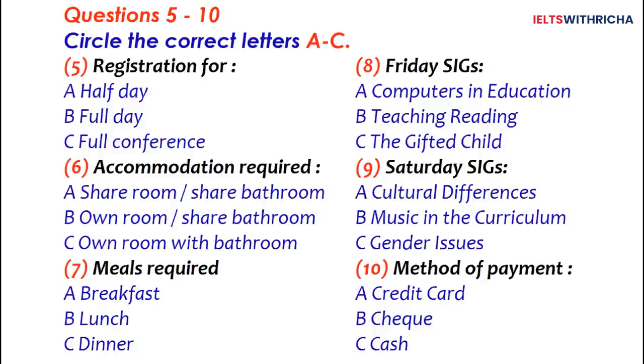On Friday, you have a choice between computers in education or teaching reading skills. Or a session on catering for the gifted child. Oh, they all sound interesting. But technology in the classroom is really my area of interest, rather than reading. So I'll go for that. I can probably read up on the gifted child topic myself.